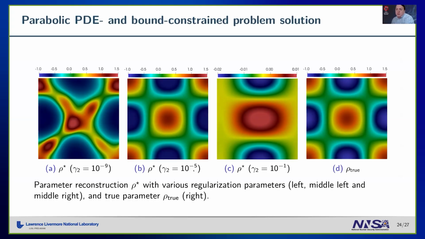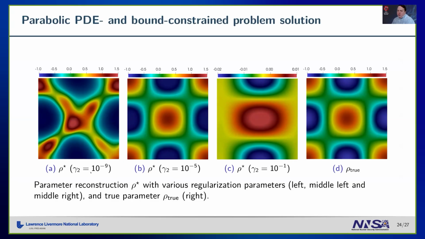These are solutions of the optimization problem for different regularization values. In the second plot from the left, the solution matches the true solution pretty well.